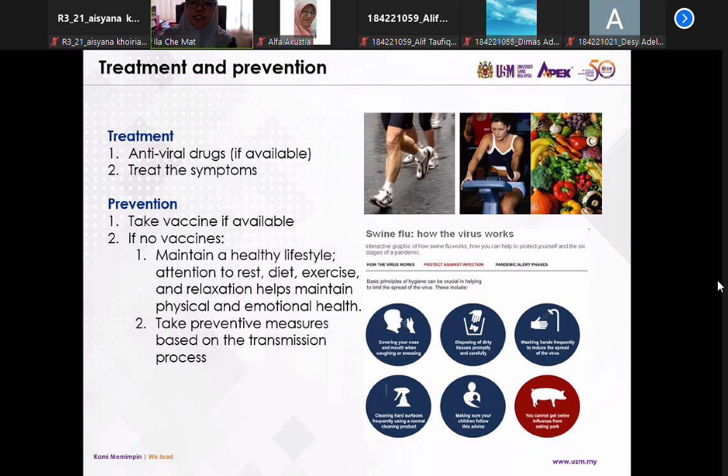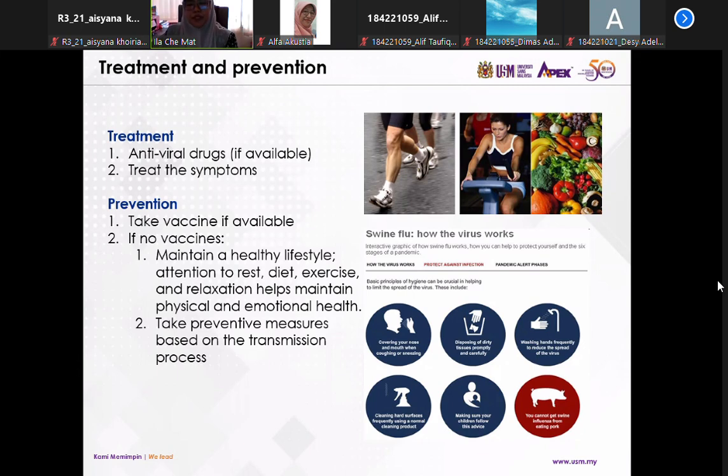For example, I put here the poster for the swine flu, okay, because it's transmitted through the aerosol. So you have to make sure that this one is almost similar to COVID-19. So you wear a mask, okay, you keep your distance 1 or 2 meters, and then you wash your hand properly, okay, and if you have the symptoms, you go to the clinic.